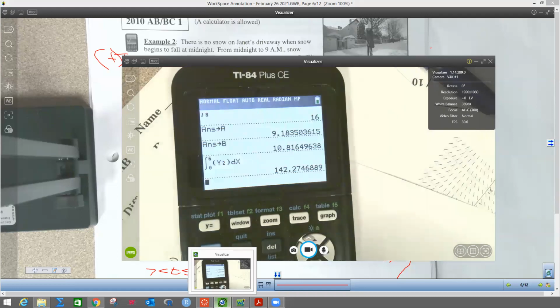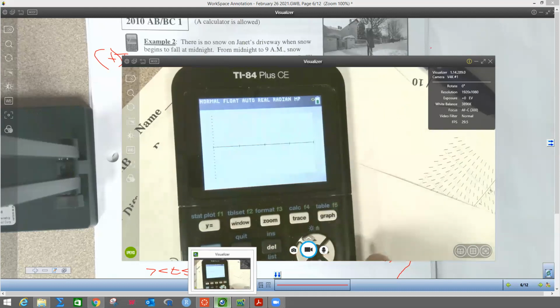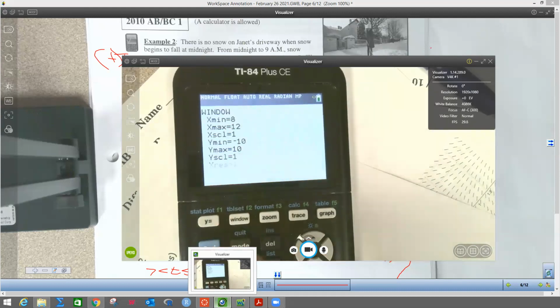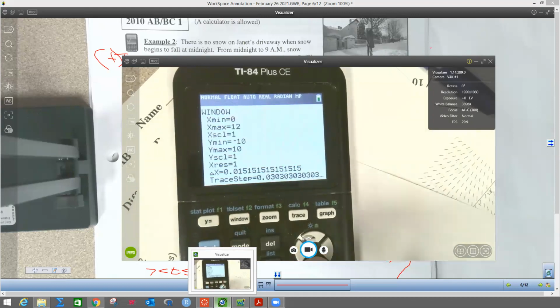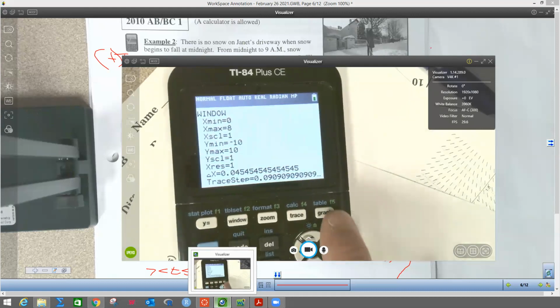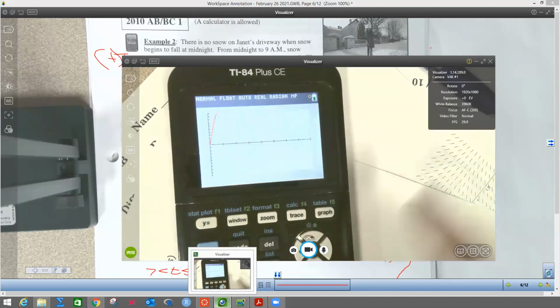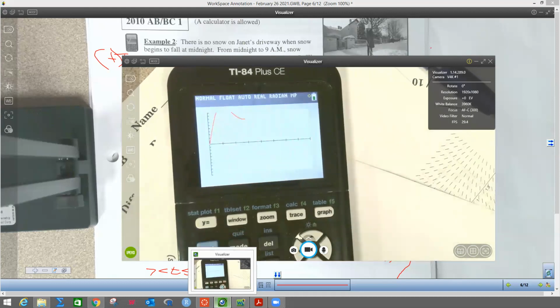Okay, so I'm going to go back to, actually I'm going to graph this. Nope, I'm going to stop this graph because I got to change my window. So we're talking about now we're going from 0 to 8. Midnight was 0, we're going to 8. Okay, so I'm going to go ahead and graph that. That goes up my graph, so I'm going to stop it and go a little higher.